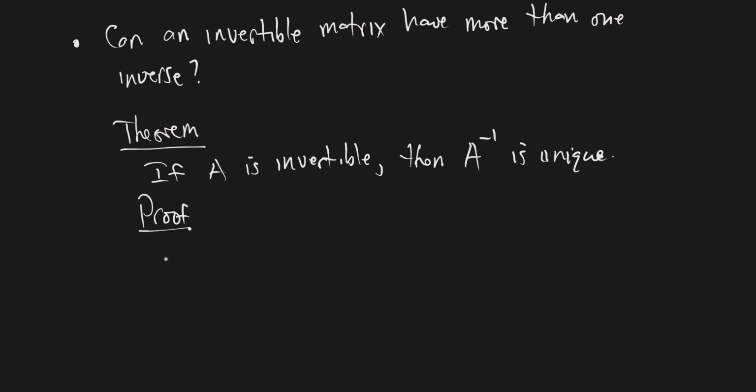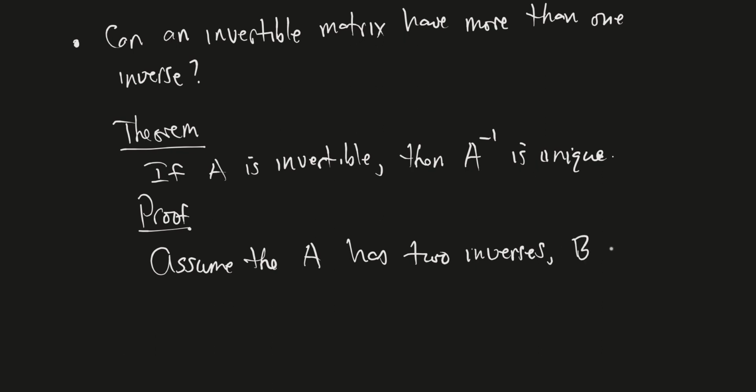So let's start by saying, assume that A has two inverses. And let's call them B and C. So in other words, let's say that both matrices B and C have the desired property.